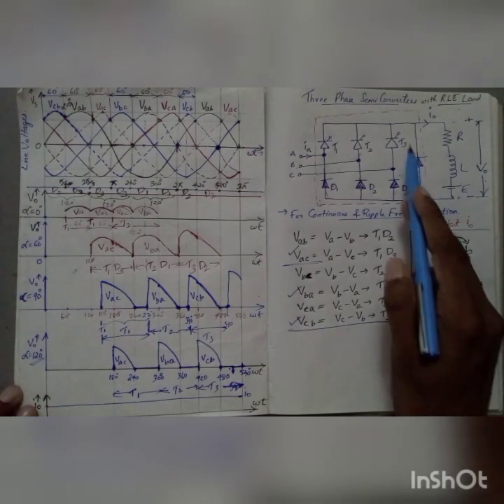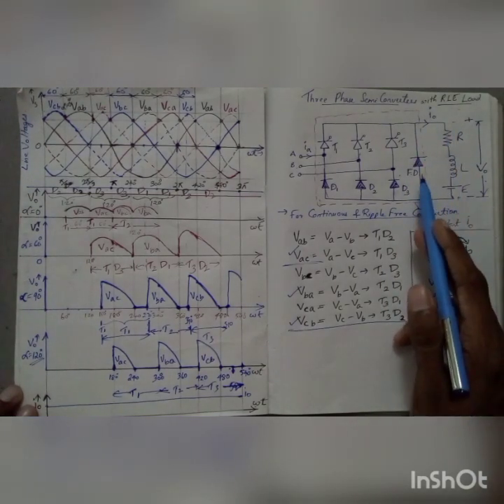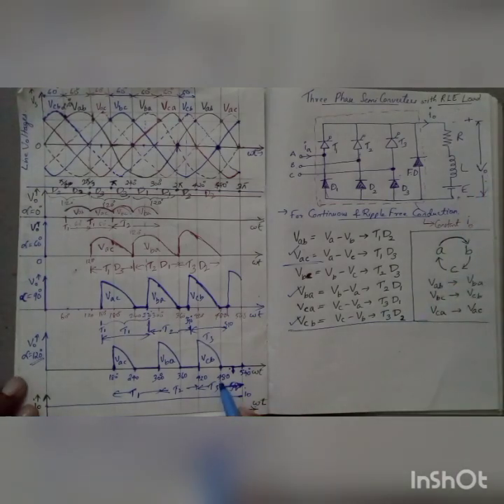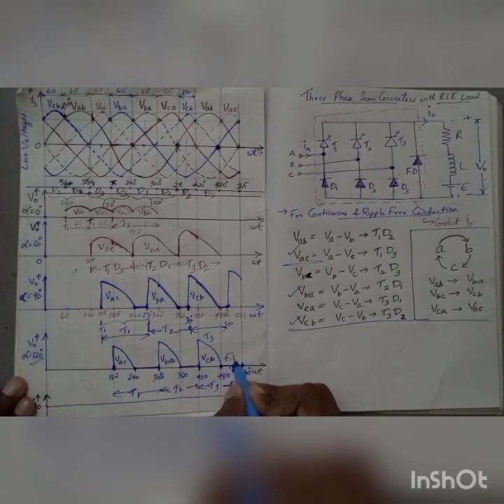As I explained before, due to freewheeling diode action, V0 will become 0 from 480 degree to 540 degree, because T3 is conducting from 420 to 540 degree for 120 degree conduction.